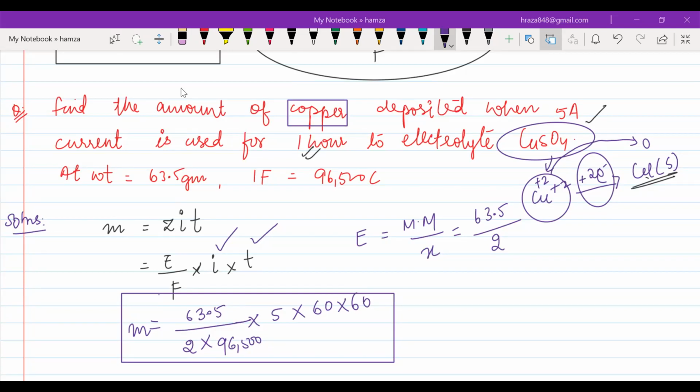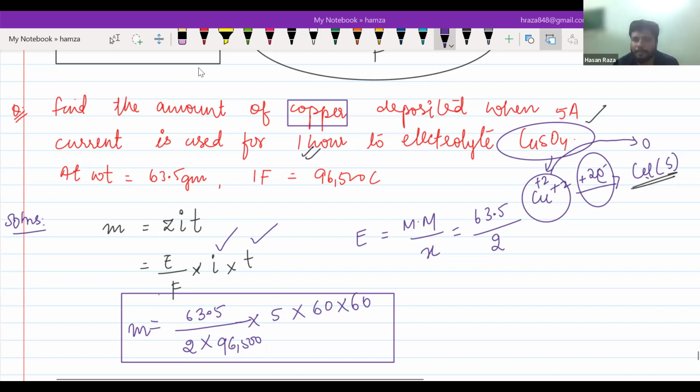Done, everyone? Yes, sir. Sir, should we simplify this? Yes, you should. Yes, sir. Okay.